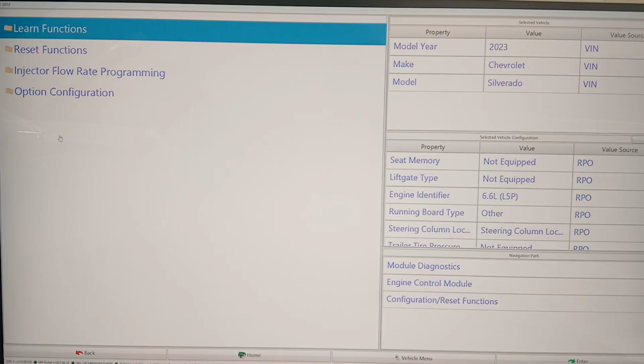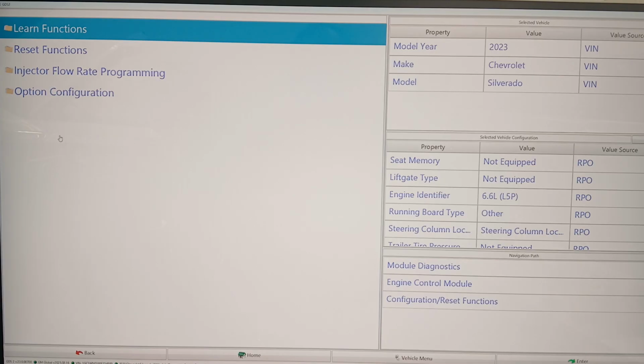It data dumps all the previous information for the old injector that you removed, it installs the new information, then it can go learn that injector. Without doing that, eventually I'm probably going to have a check engine light and the thing's not going to run right, because it's going to be trying to control the fuel injector using old information. And the injector you put in may be drastically different than the ones you took out, okay?